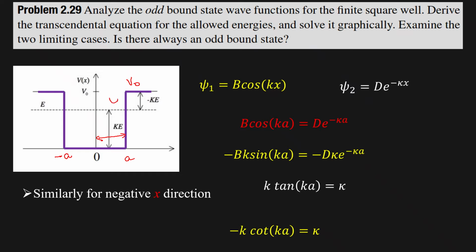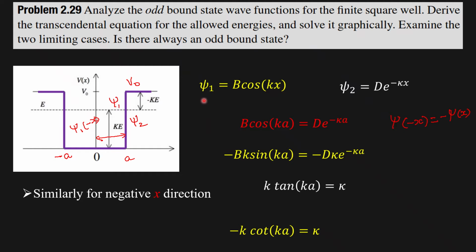Here the wave function is odd: if it is psi 1, then on the other side it is minus psi 1. Here also we know the odd solution, psi of minus x is equal to minus psi of x. After all, it is a multiplicative factor that you have to keep in mind.